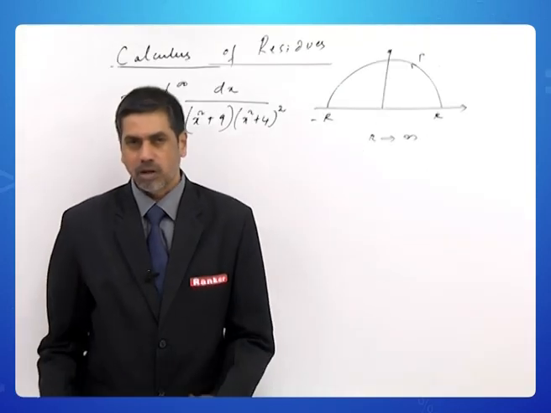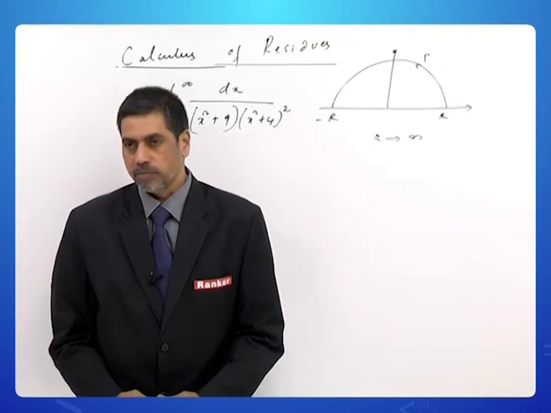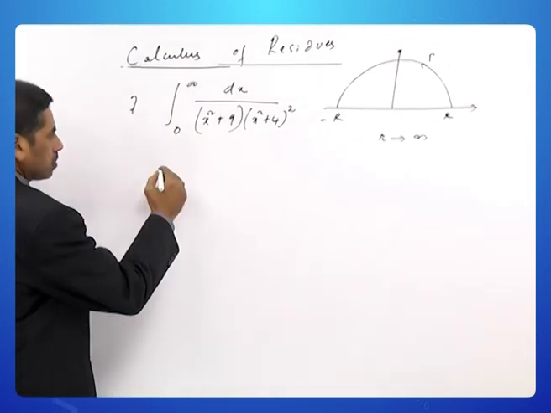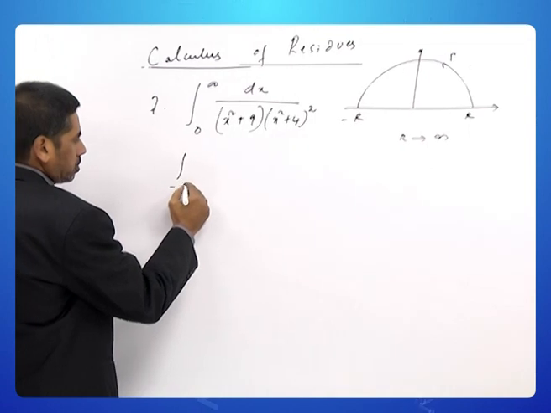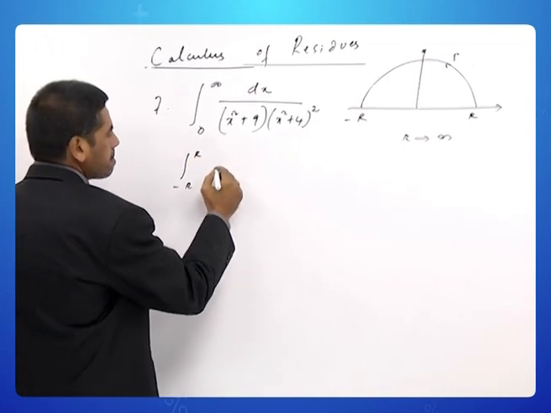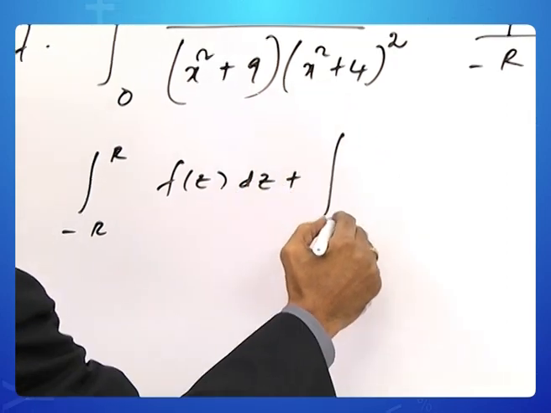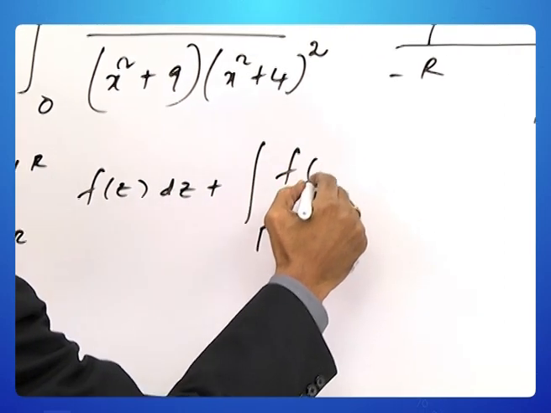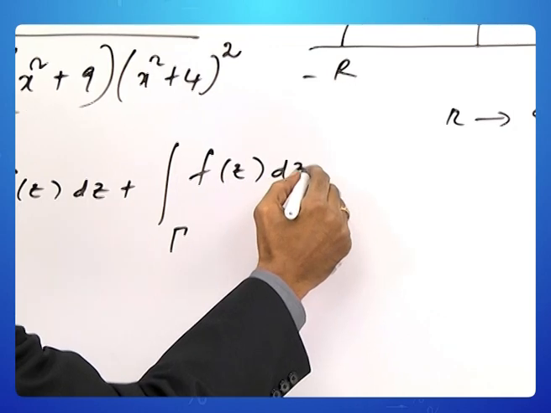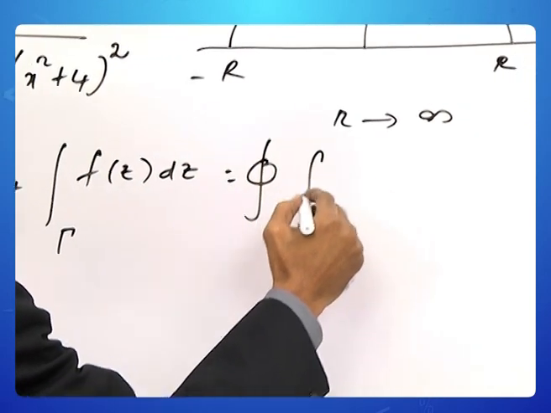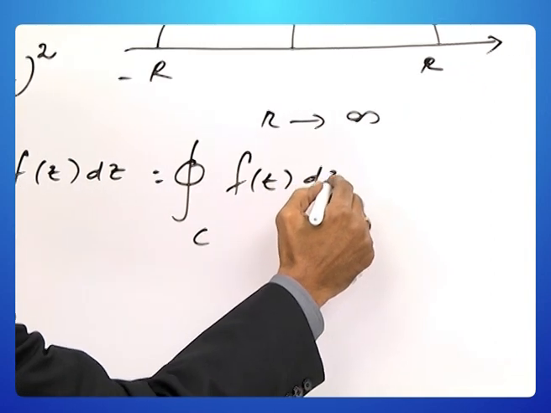Now, a lot of theory goes into it, but basically when you convert this into a contour integral, it is integral from minus R to R of f of z dz plus integral over gamma of f of z dz is equal to integral over C of f of z dz.